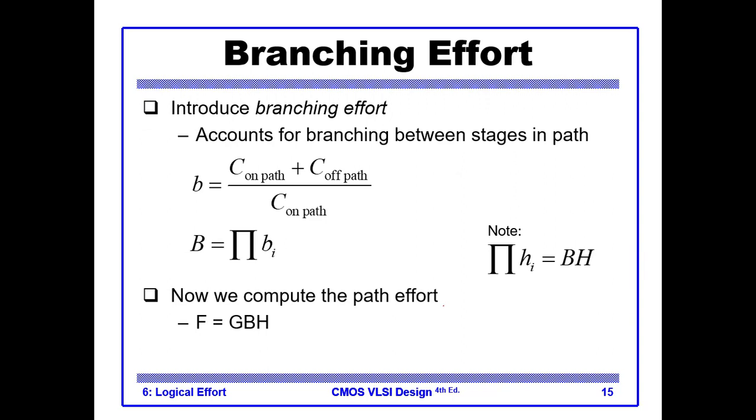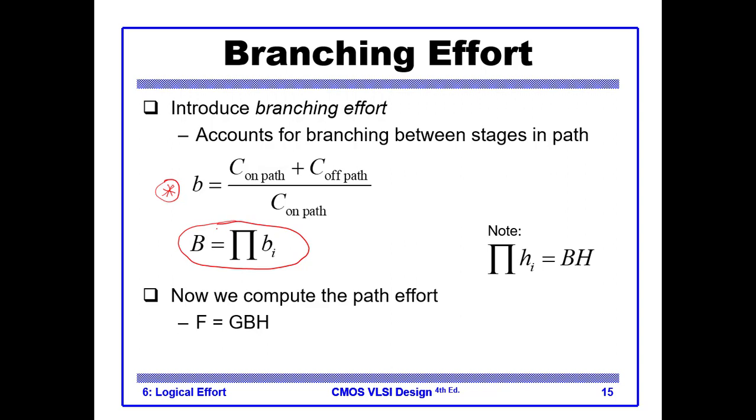So we have to introduce a branching factor which accounts for the branch capacitances, and this is equal to B. Small b is the capacitance on the path plus the capacitance off the path, divided by the capacitance on the path, and capital B is basically the product of all the small b's.